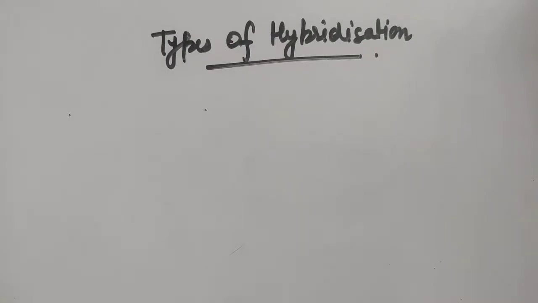Now, in the previous video, I have explained what hybridization is and where the concept comes from. There may be a question: since the hybridization is occurring between orbitals which differ by a slightly different amount of energy, they differ by very little energy from each other.